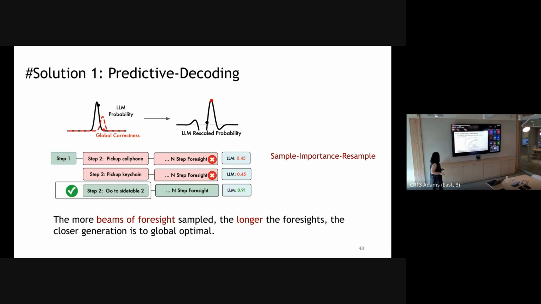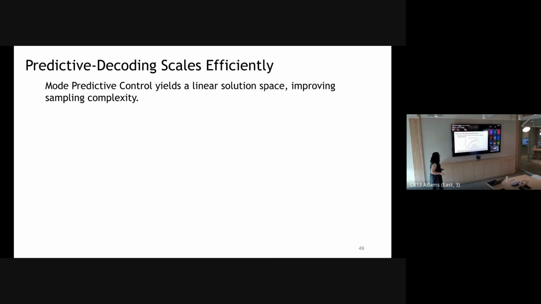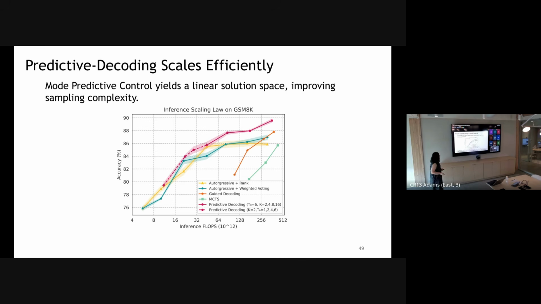The longer the rollout into the future, the more accurately you will estimate the future consequences. So we try to find the best combination of these two parameters using the right budget, and in this way we'll get a test time scaling algorithm.